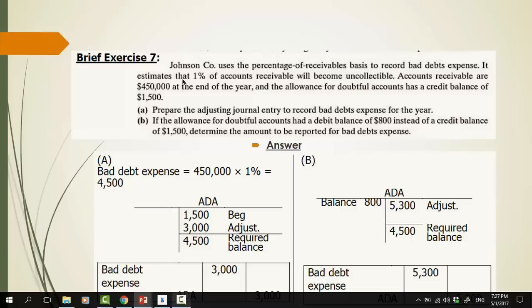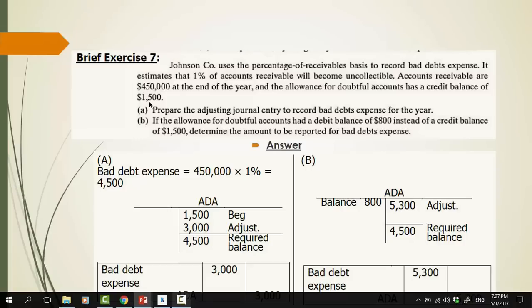Accounts receivable at the end of the year is $450,000, and the allowance for doubtful accounts has a credit balance of 1,500.